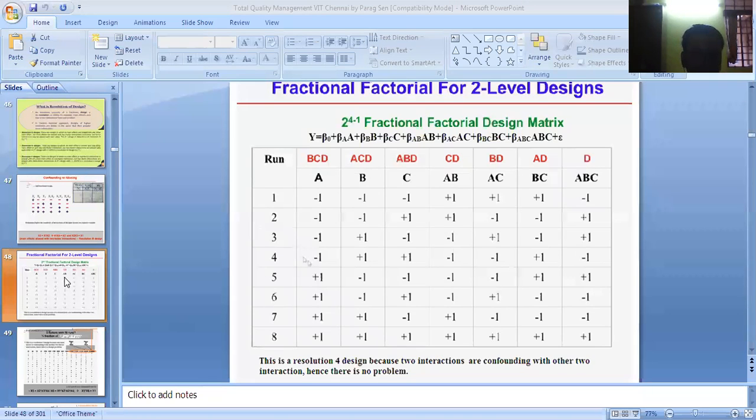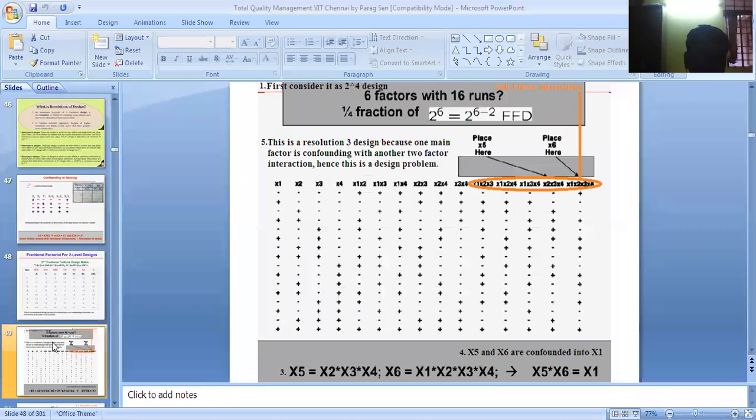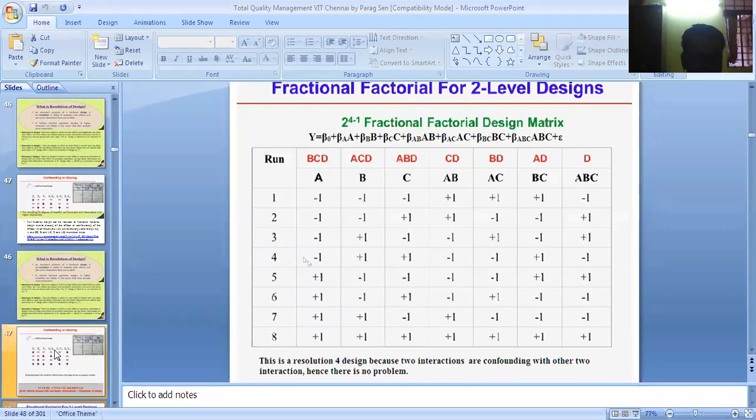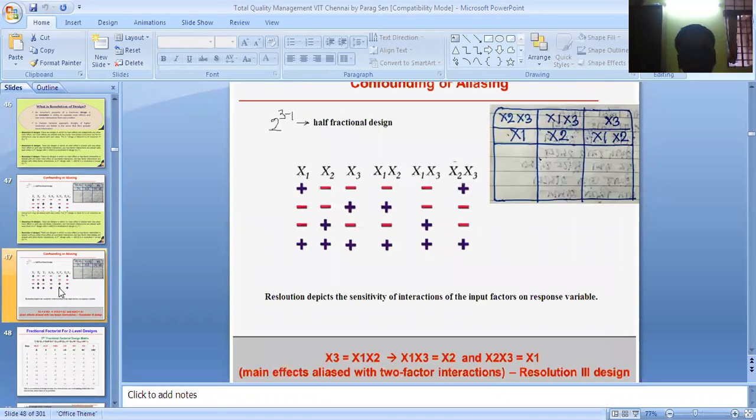Now, another thing I would like to tell is that in these cases, I have given you the examples of only two levels, plus and minus. But instead of plus and minus, there can also be three levels. And there can even be more than three levels. But usually 2 levels or 3 levels are preferred.